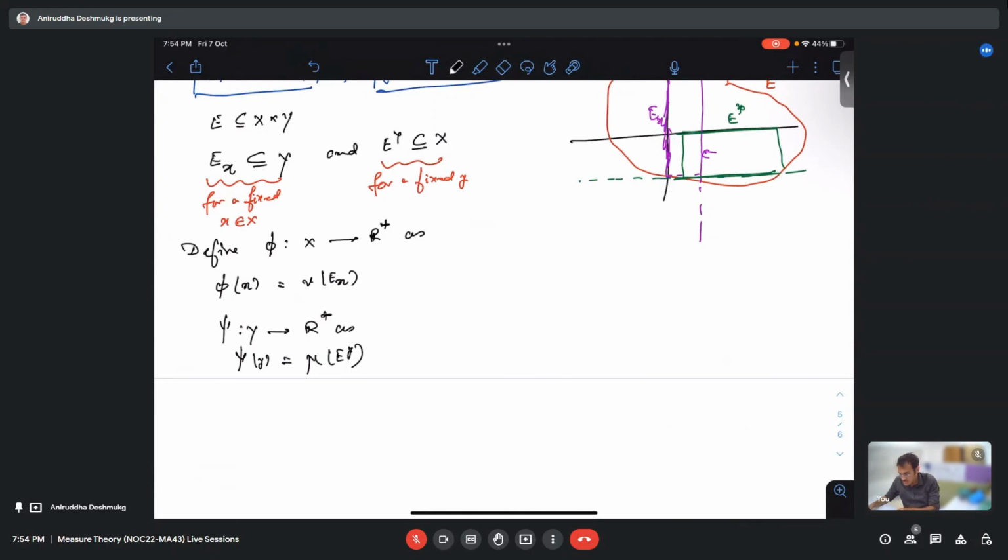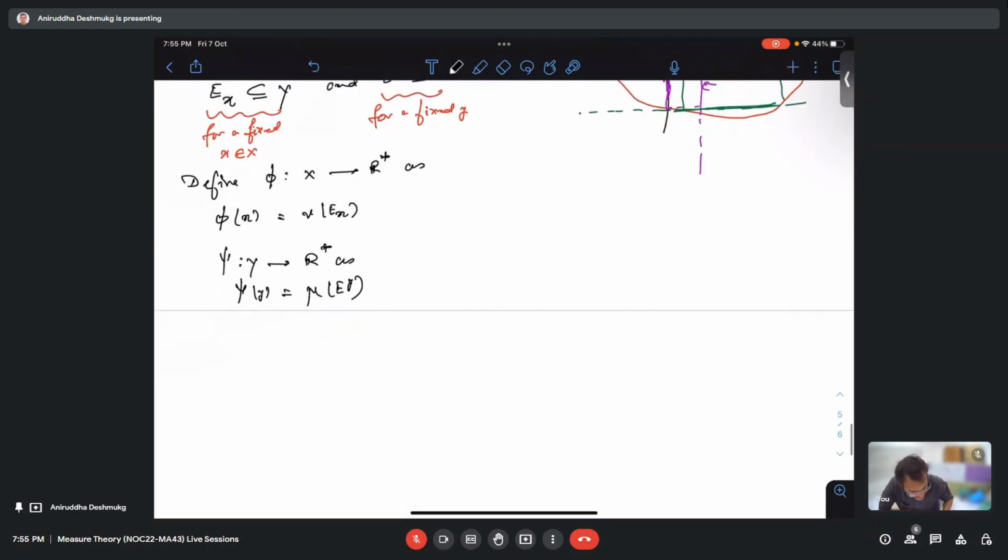Just a minute. I think the professor used the monotone class property. So we have to look at all those sets where these functions are measurable.